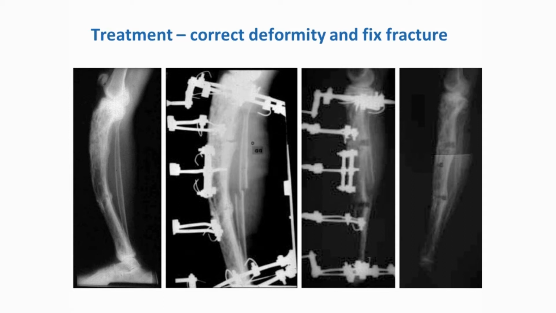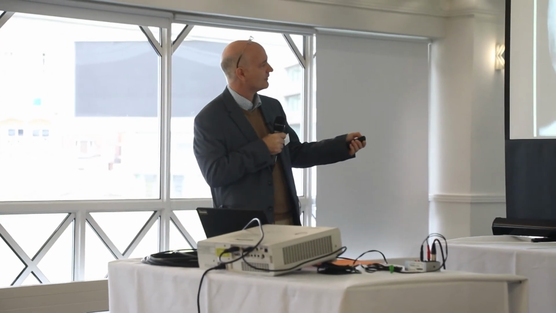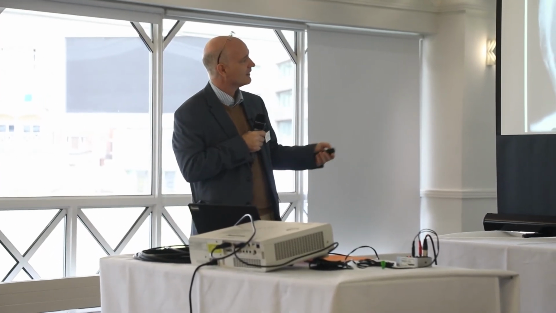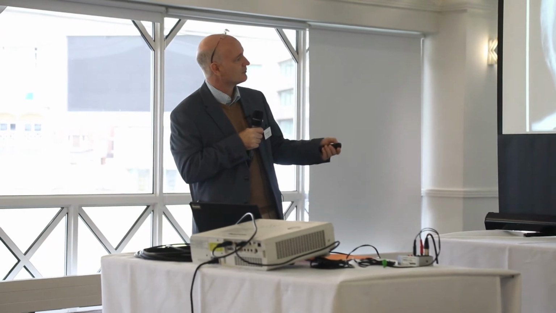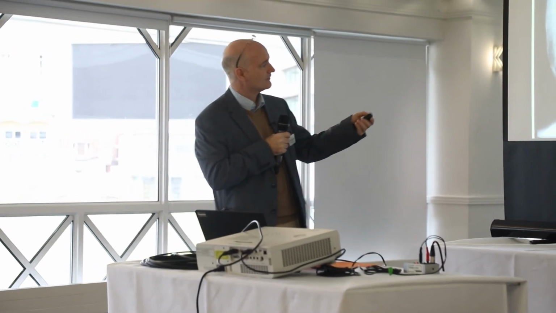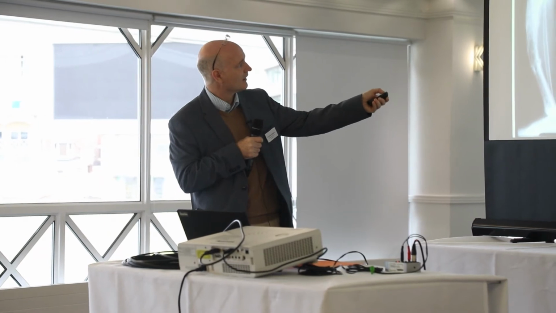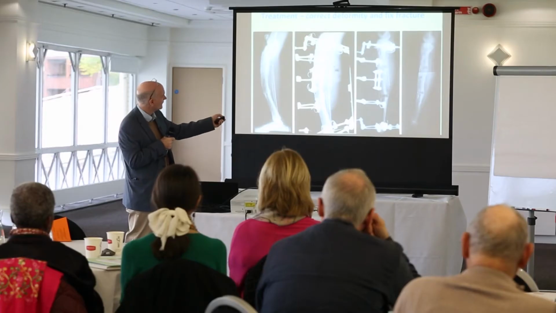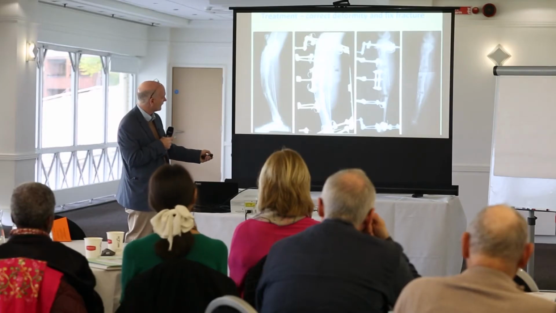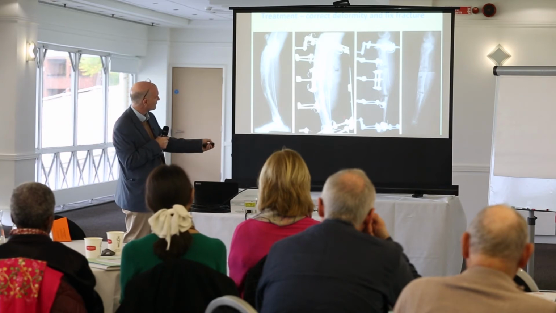That's not a solution to Paget's, by the way, just to break every bone in your body, but it's just a curiosity. So here's a pagetoid fracture here, and this is the way that this has been fixed in the shin bone with this thing called an external fixator. This thing is all held together by wires, then there's rings all the way around here, and then the rings are held together by rods which are slightly out of the imaging here.